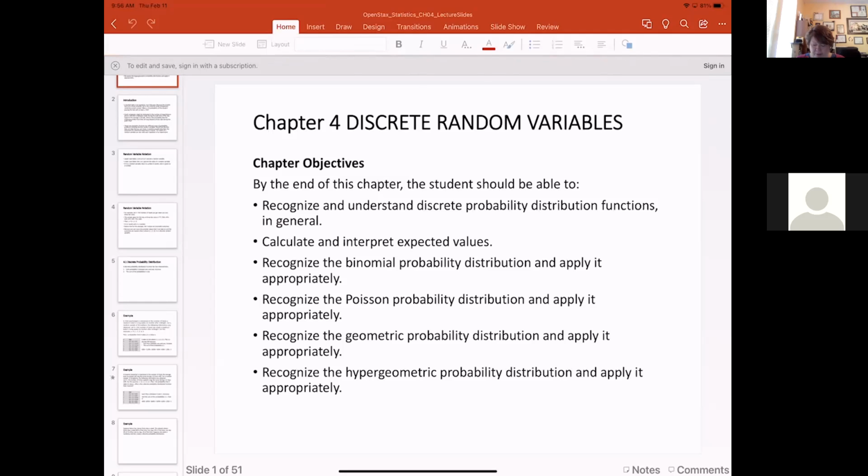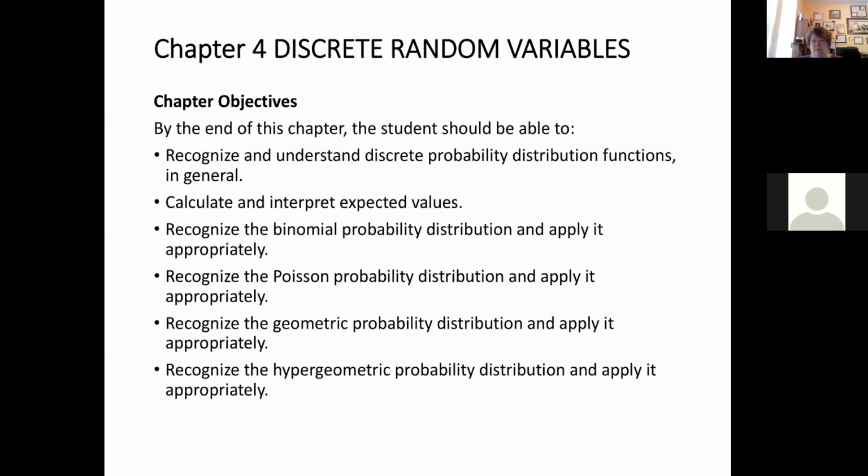So do you remember from chapter 1 what it means for something to be discrete? Remember, we looked at different types of data. And if it was discrete data, it's data that you count. So we're going to be looking at information that you can actually sit there and count.